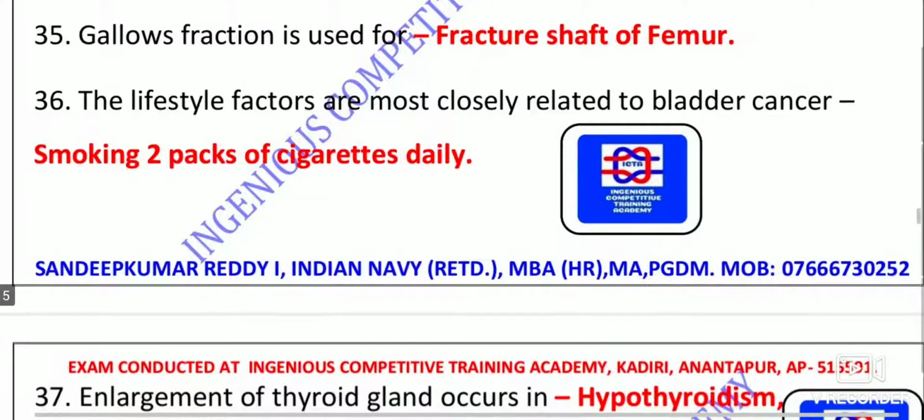The lifestyle factors are most closely related to bladder cancer. That is, smoking 2 packs of cigarettes daily. If you start taking the maximum intake of cigarettes, that is 2 packets, that directly affects your bladder.